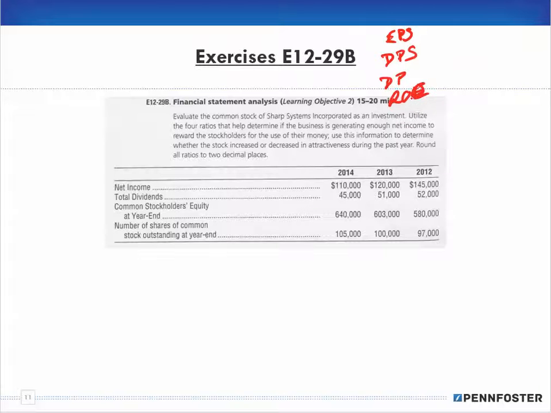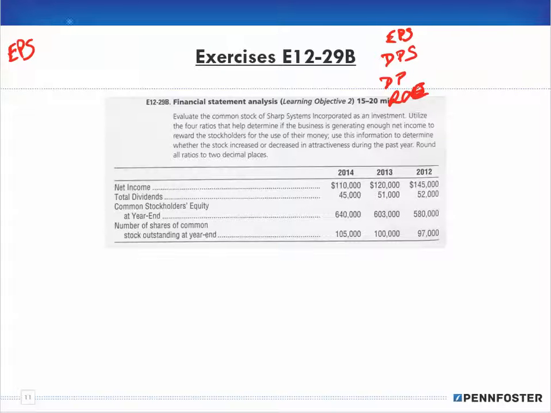Those are in the chapter in the textbook, or you can go back and watch the theory videos where I show the PowerPoint slides with those key questions on them and the related ratios for each particular question. So now that we know what the 4 ratios are, we have to look at each and every one. And again, you can look at the formulas in the book.